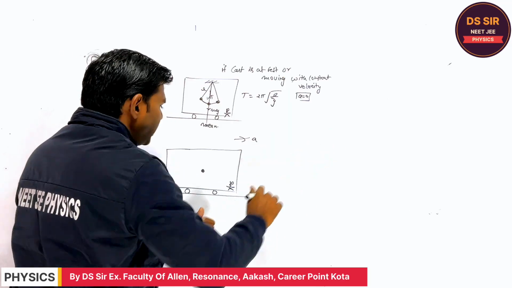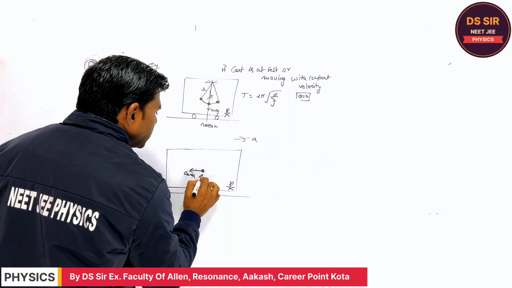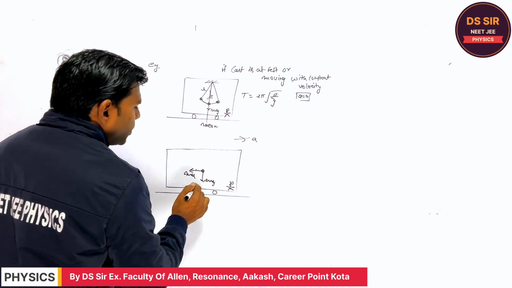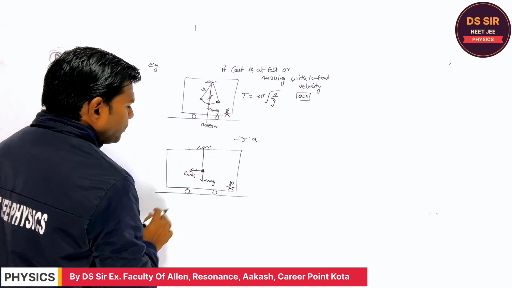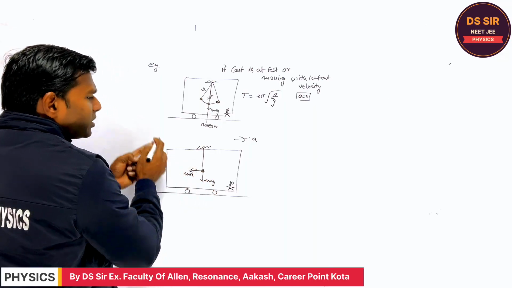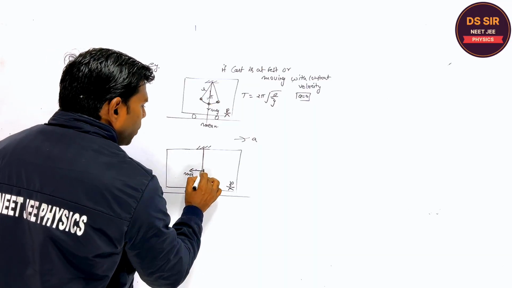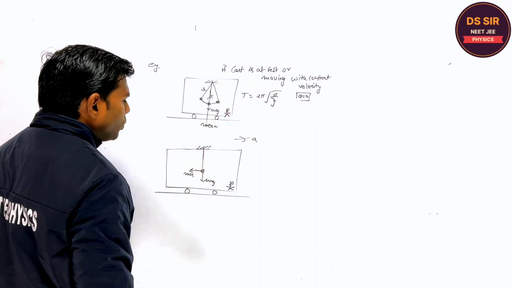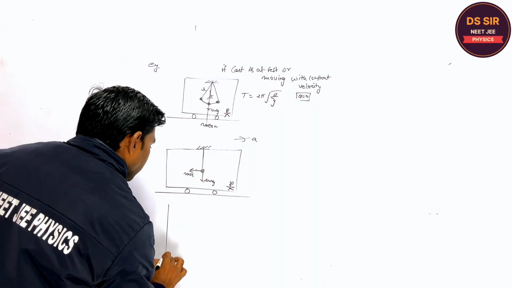But if the cart is accelerating, a force will act. This is the pseudo force and this is the mg. Because of this pseudo force, the bob hanging from the rope starts moving in this direction till the net force on the bob is 0, right? So therefore it starts moving in this way.